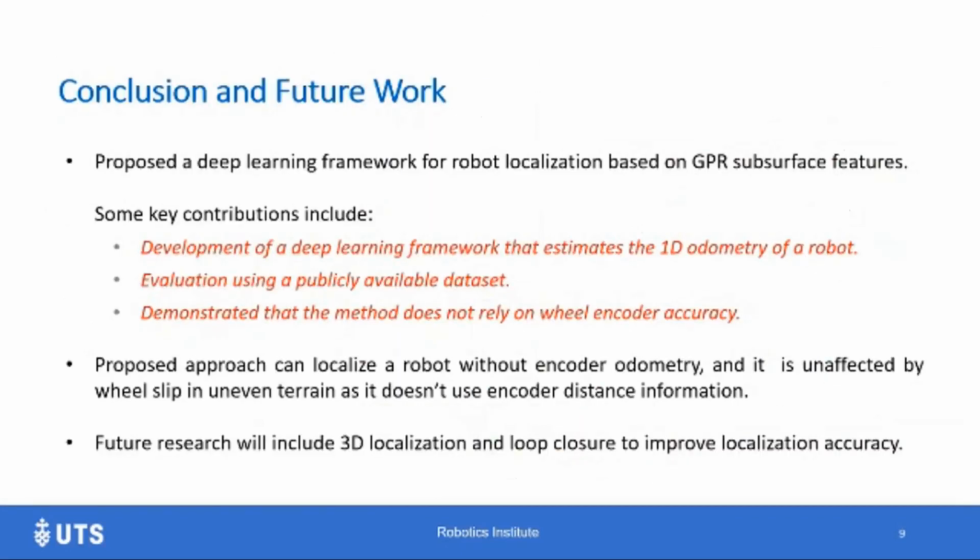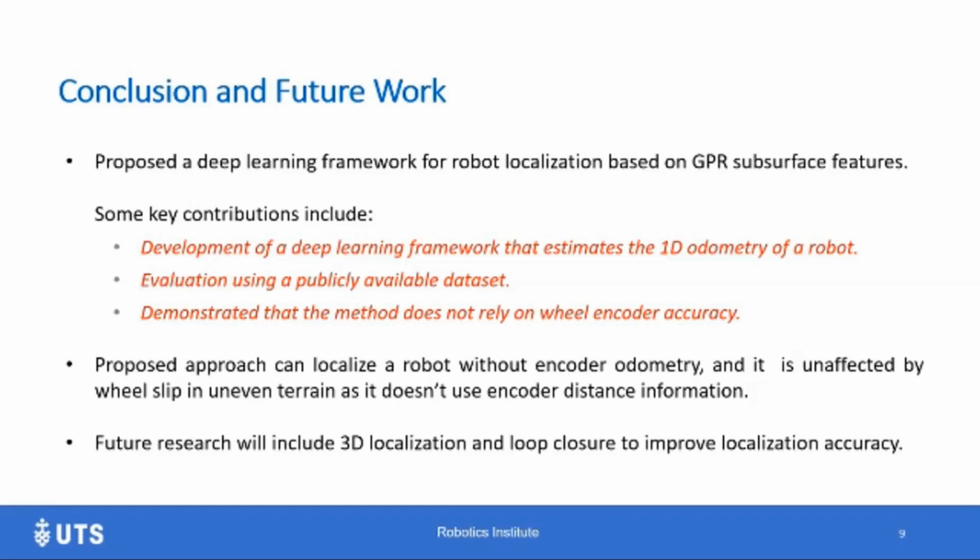So that was a brief explanation of the work carried out in this paper. And in summary, this paper proposes a deep learning framework for robot localization based on GPR subsurface features. Some of the key contributions include the development of a deep learning framework that estimates the 1D odometry of the robot to be used in localization applications, which uses convolutional neural networks for feature extraction from GPR B-scan images, and long short-term memory networks for 1D odometry estimation.